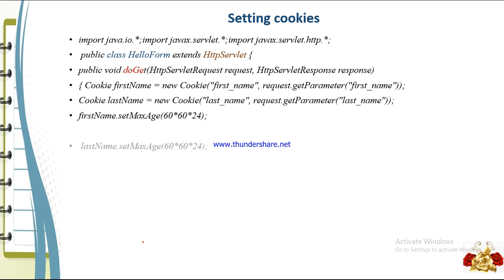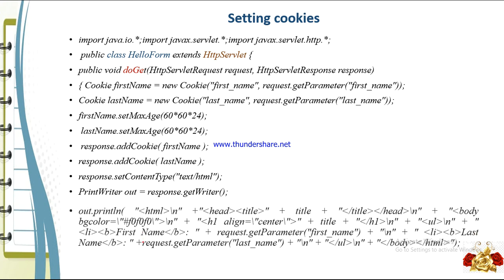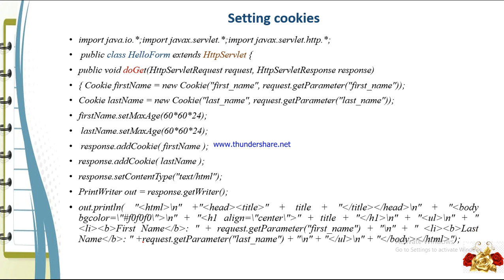By using this function, we create the cookies for first name and last name and set the maximum age, that is the valid time, either 24 hours. Then we add the cookies for first name and last name with their values to the response. Then you create a form by using HTML tags. Then it will print by using the out.println function.